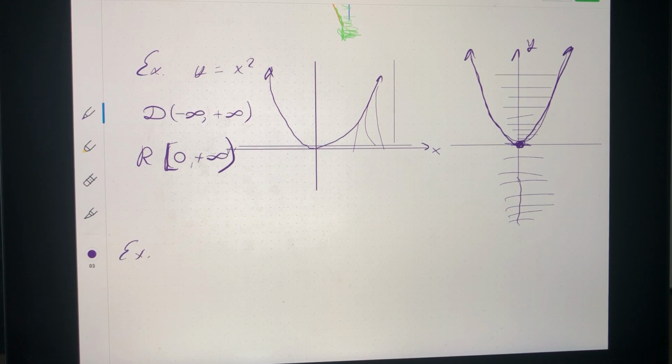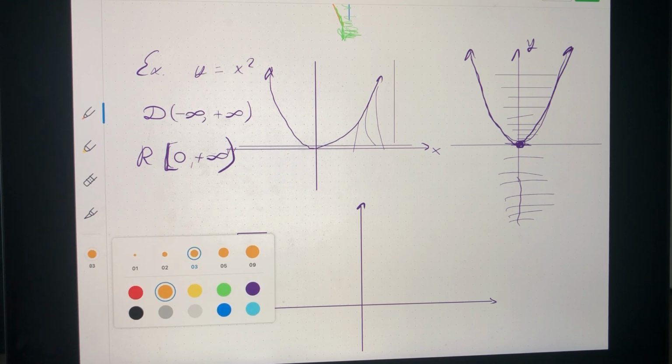Now, let's look at the square root function. So here is the square root of x. Let's redo the picture a little bit. So here is what the square root looks like.